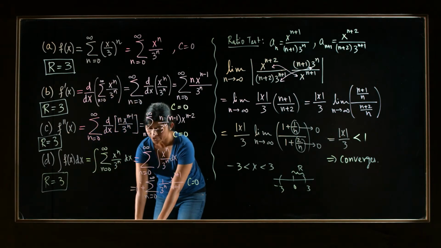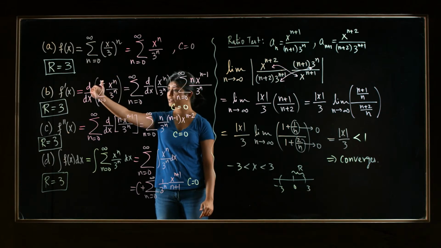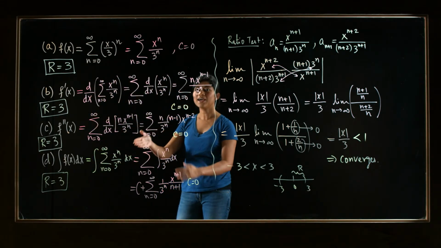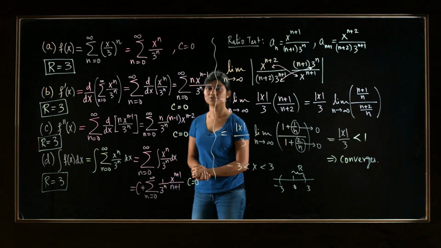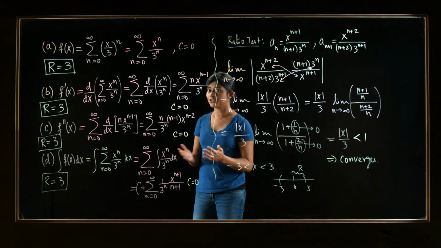So as you see, the radius of convergence of the original function and its derivatives and antiderivative, those new power series, all of them have the exact same radius of convergence. And don't think it's a coincidence, because this is true for all functions.